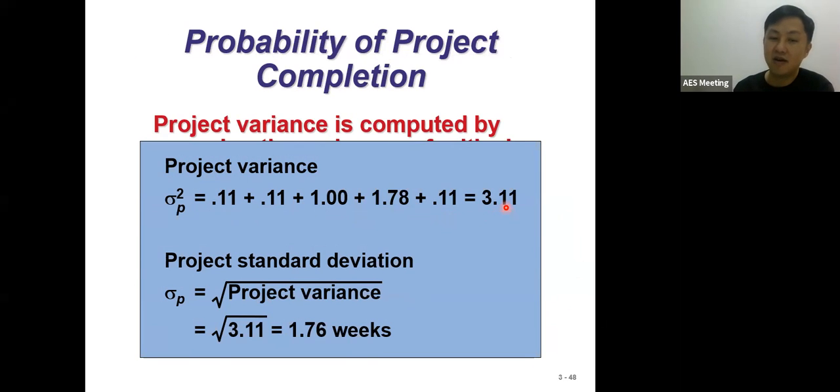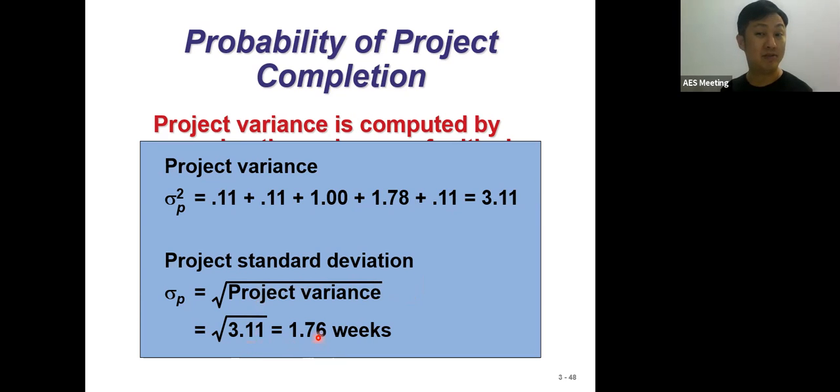The project variance is 3.11. To get the standard deviation, we refer to the formula: the standard deviation is the square root of the project variance. The square root of 3.11 gives us 1.76 weeks.